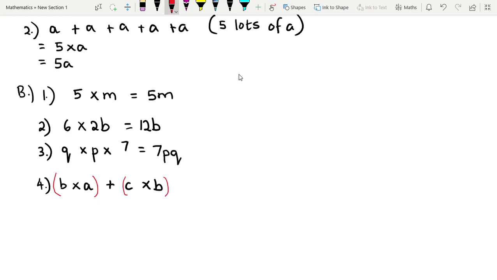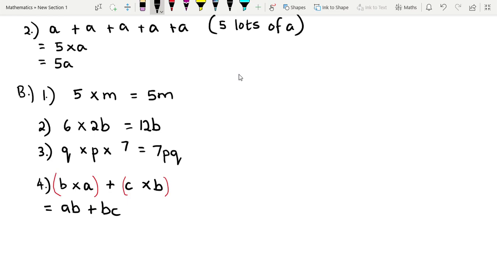So the first thing we're going to do is look at b times a, and in alphabetical order it would be ab, plus c times b, which is bc. Now we cannot add these two together, and the reason why we cannot add these two together is because they are unlike terms, and that would be your final answer.